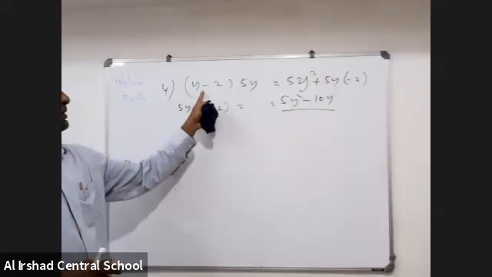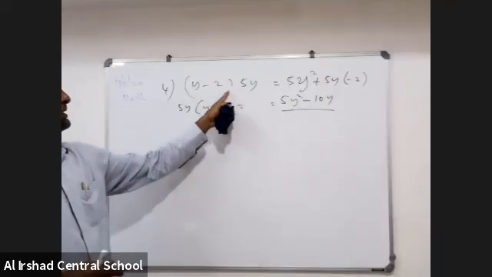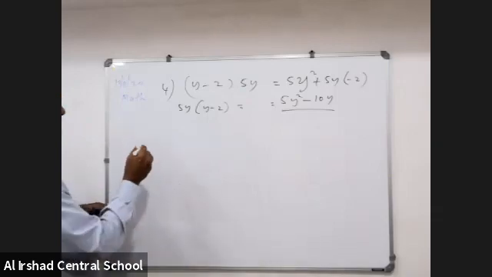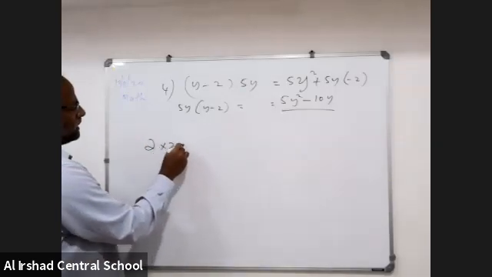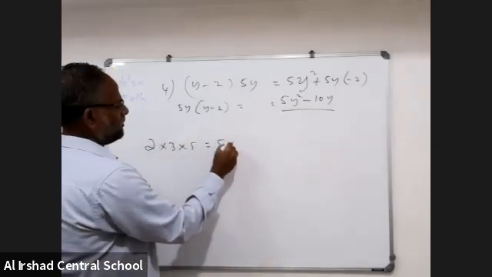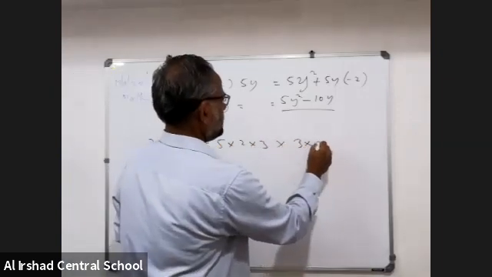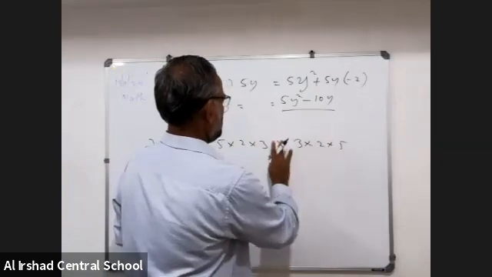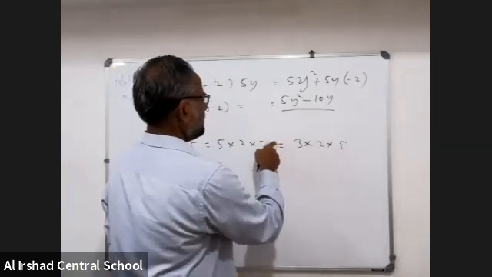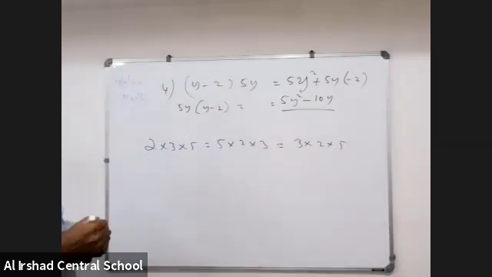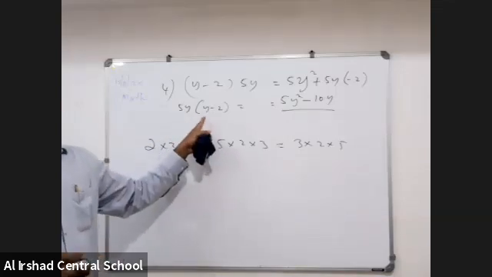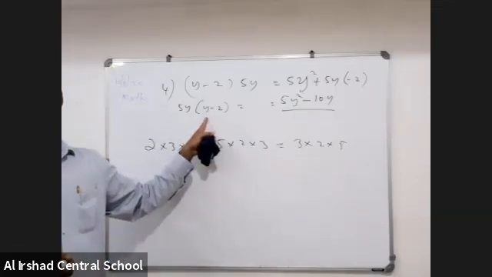It is the same. 5y into y minus 2 is same as y minus 2 into 5y because you know that 2 into 3 into 5 is equal to 5 into 2 into 3, which is equal to 3 into 2 into 5. All are equal. Multiplication can be written in any order. You agree or not? Yes.